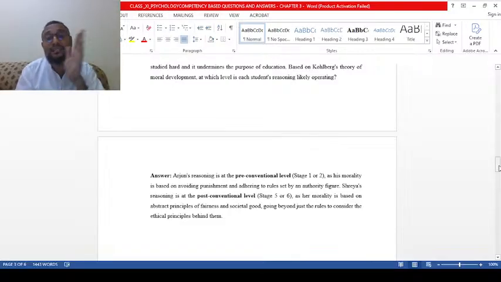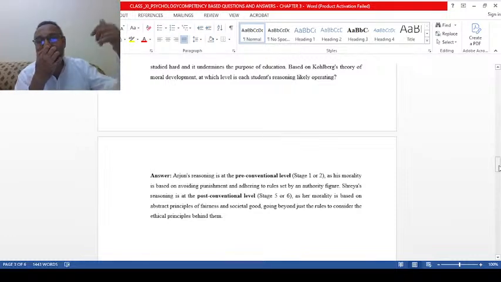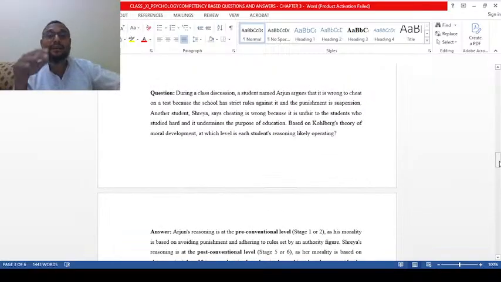Shreya's reasoning is post-conventional morality. It's like universal ethical principles, I can say. See, pre-conventional is the first stage. Second is the conventional. The third one is the post-conventional. What she is saying here, very clearly, Shreya says it is unfair and we should not do this, this is wrong.